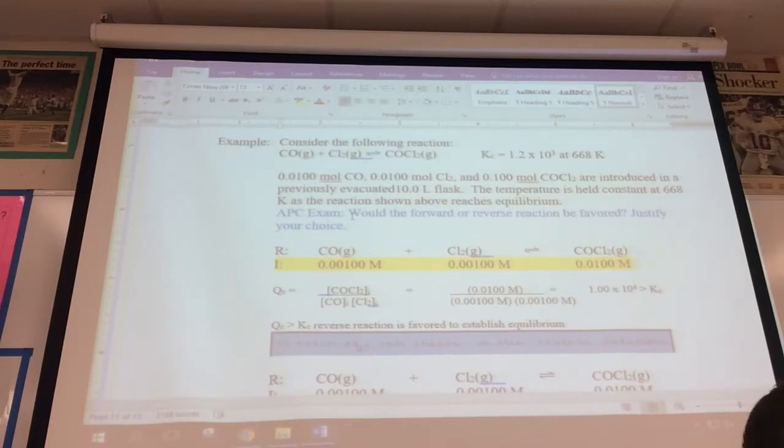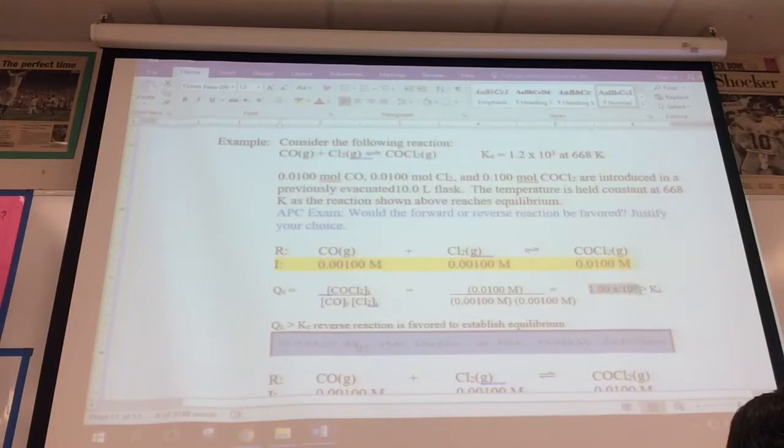Not to be mean, but you can't move forward if you don't have the beginning pieces mastered. Why did I have to put this as concentration? The delta n of the gas was not 0, so here you had no choice but to use molarity. So I've got to get Q. Now on your mini quiz, some of you were sloppy and you did moles, but you got away with it because the volume was a liter. Be careful there.